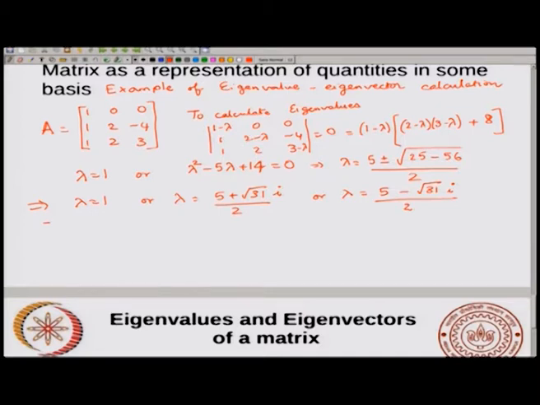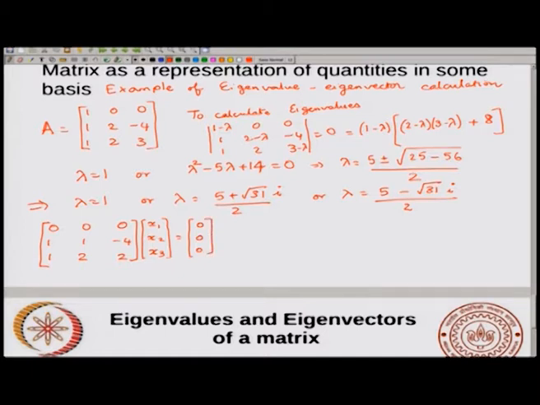So, I will get 1 minus lambda. Now, lambda is 1, so I get my equation: 1 minus 1 is 0, 0, 0, 1, 2 minus 1 is 1, minus 4, 1, 2, 2. This times your eigenvector, which I will give some coefficients x1, x2, x3, has to be equal to 0, 0, 0.